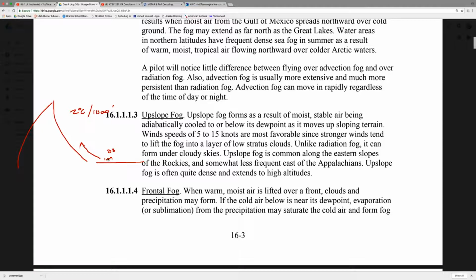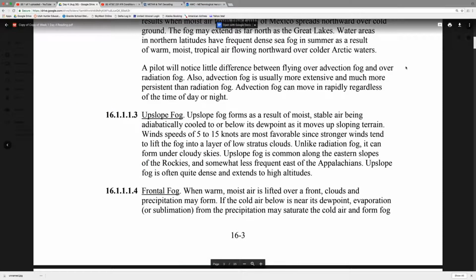But as it climbs the mountain, it gets colder and colder until that moist, stable air hits that layer in which the temperature drops down to the dew point, right? And so once we hit that, we get this nice cloud formation on our mountain ranges. Fog. It looks like really low clouds touching the mountains, but it's actually called upslope fog.